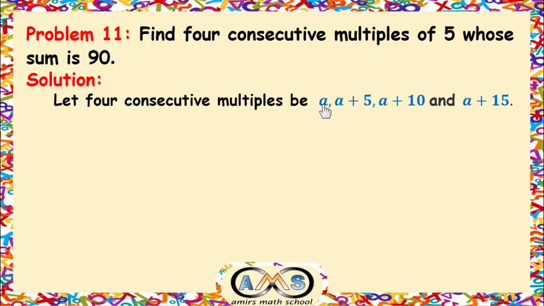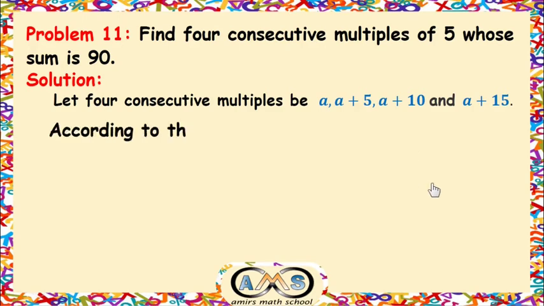So the next one is a plus 5. If we add 5 to this a plus 5, we get the next multiple of 5, that is a plus 5 plus 5, that is a plus 10. Similarly, the next one will be a plus 15.